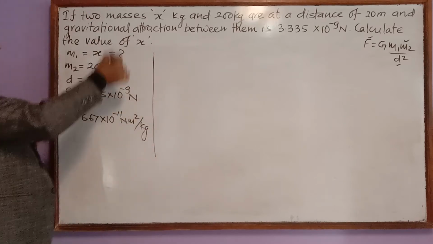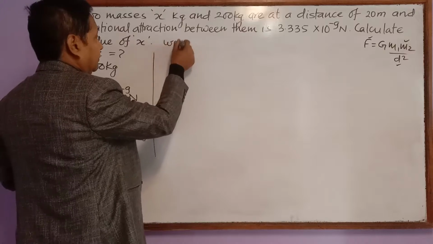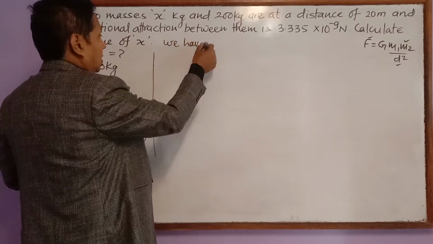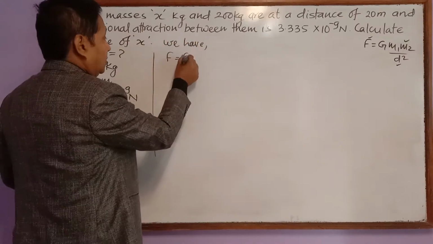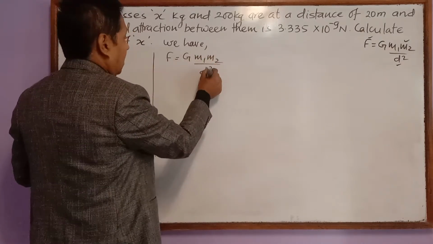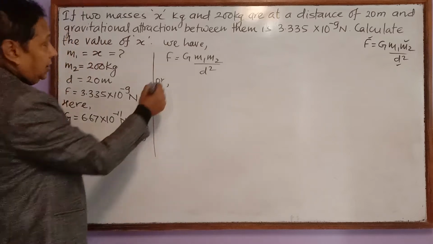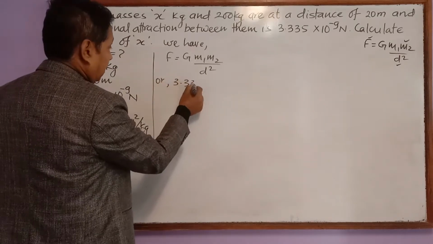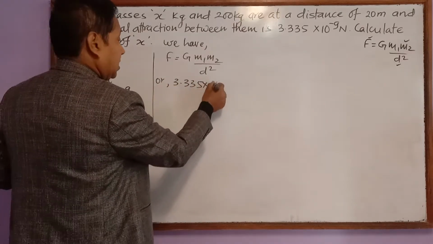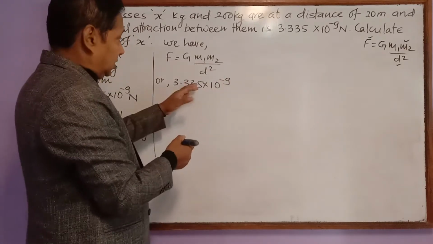Okay, now how to start this? We can say F is equal to G m1 m2 by d square, and in next step F is given, 3.335 into 10 to the power minus 9. Now we are not writing units in the process.